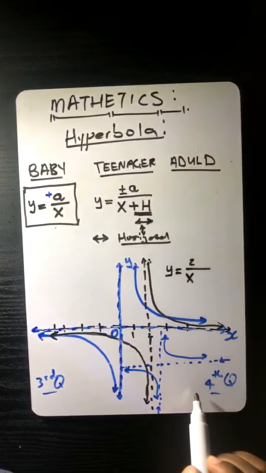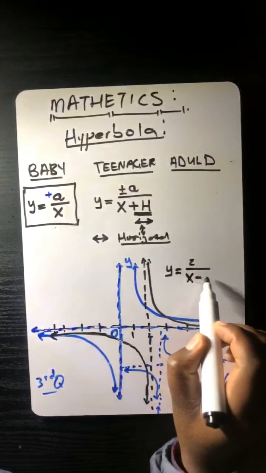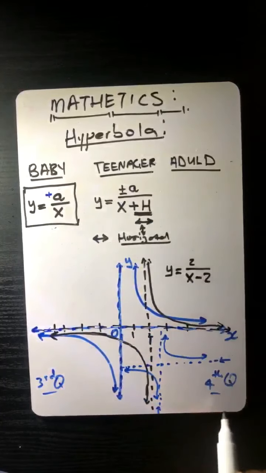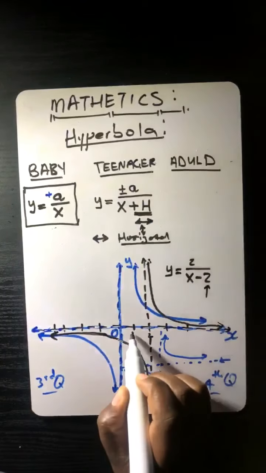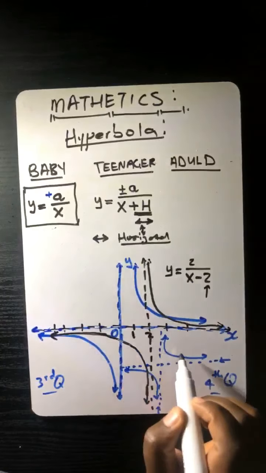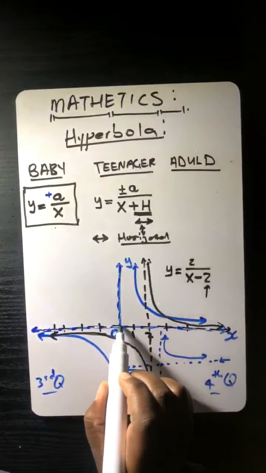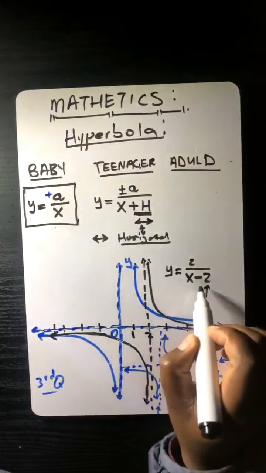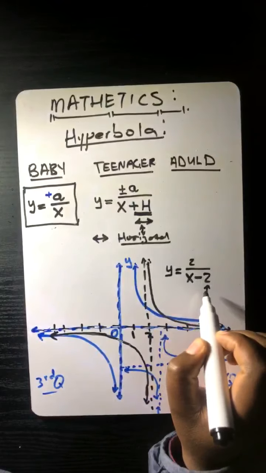If it shifts to the right, inside you put a minus a value there. Why am I putting negative 2? Because she said I must move it by 2 units. But in terms of the sign, you don't say because it has moved to the right, then it's positive. No, you put it as a negative inside there.